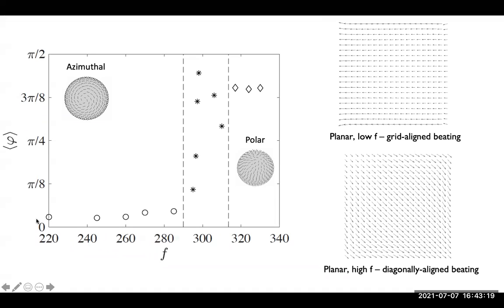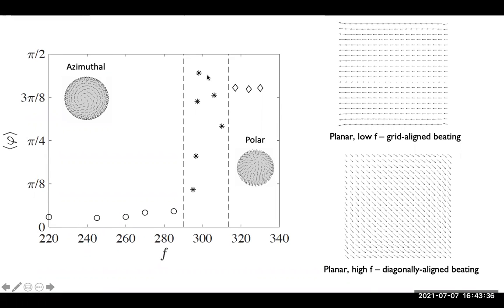And you see that for the lower force values, you get this azimuthal beating, as we said. Higher force values, you get your polar beating, and you get this region in between where you have this transition between the two.